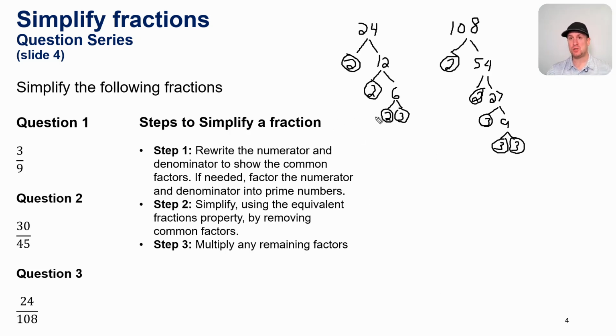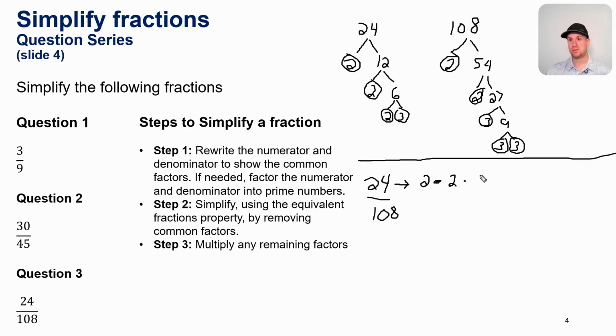Again, the biggest reason we're doing this is every number has basic building blocks. Those are your prime numbers. And this skill can be very useful as you start to go into more advanced mathematics, algebra, for example, where you might be factoring expressions like trinomial expressions, quadratics, etc. So 24 over 108, if I was to rewrite this as the product of its factors, 24 can be written as 2 times 2 times 2 times 3.